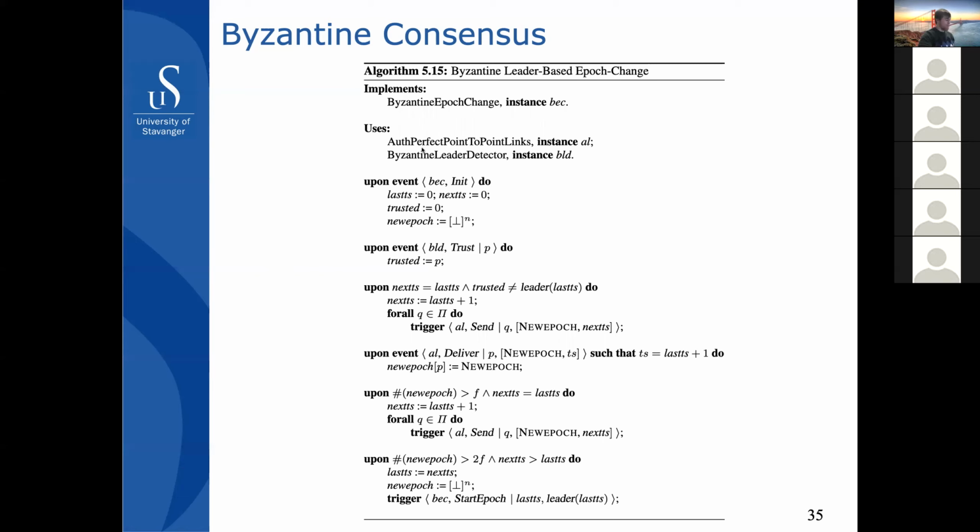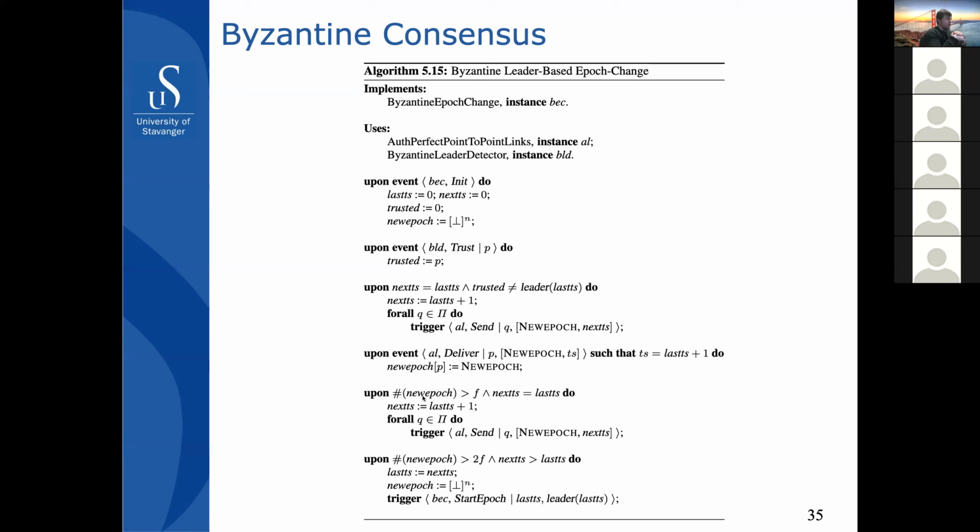We don't need to go through the whole logic of epoch changes, but we have special conditions in the Byzantine epoch change algorithm for when we change who is the leader, when we no longer trust the current leader. Since we don't want to act on our own or just become the leader ourselves, we first listen.